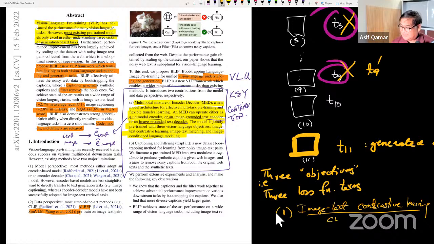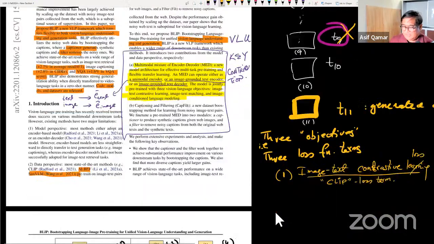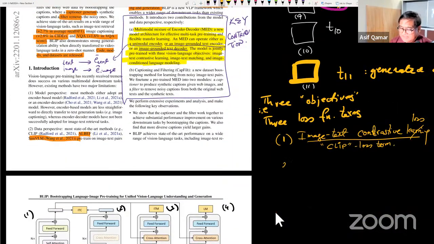Just that. That was CLIP, right? Remember? CLIP. So basically that was literally the loss function for CLIP. If I remove the word learning, I just call it the loss. It is literally the CLIP loss function. It is the CLIP loss term that we encountered. Number 1.